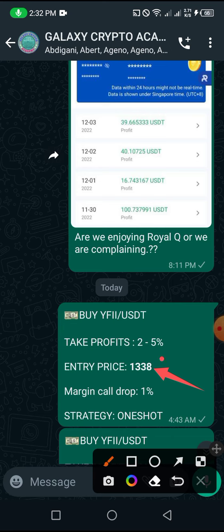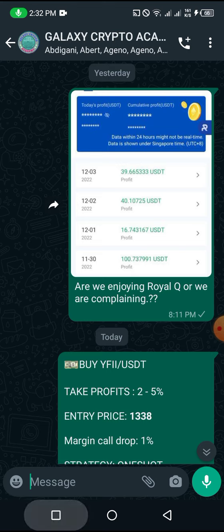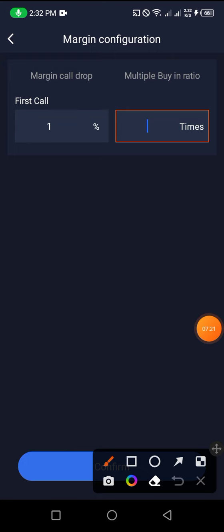Then once the price, instead of rising after my robot buying, goes down or dips by 1%, I want my robot to buy again. But the number of times I want my robot to buy is what I don't know. So it's where you're going to specify here. If you come back here, is where you're going to specify how many times you want your robot to buy once the market dips by 1% after the robot entering the market.